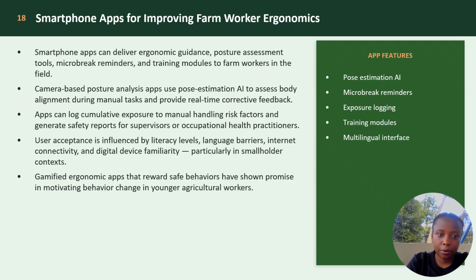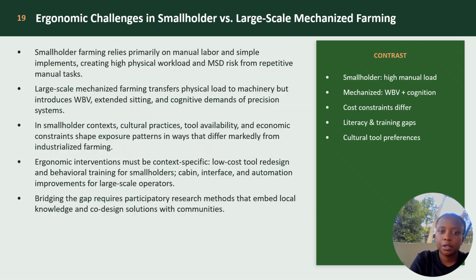The last one is that gamified ergonomic apps that reward certain behavior have shown promise in motivating behavior change in young agricultural workers. The app features: first one, pose estimation, artificial intelligence, micro-break reminders, exposure logging, training modules, multi-language interface.